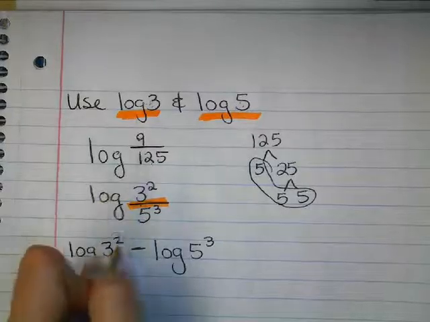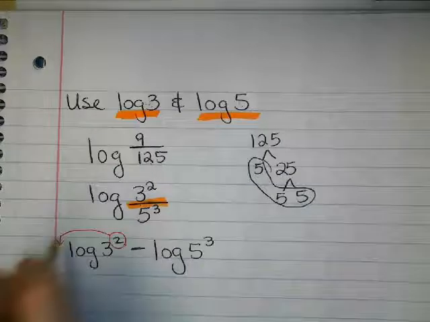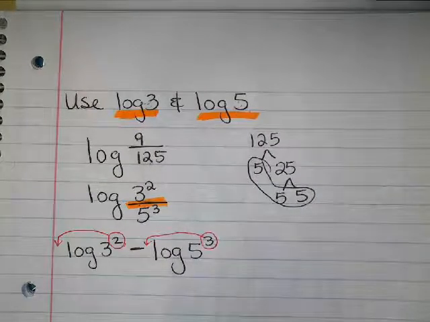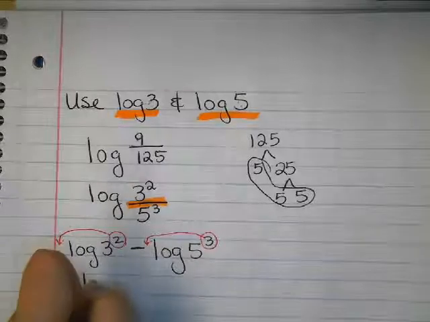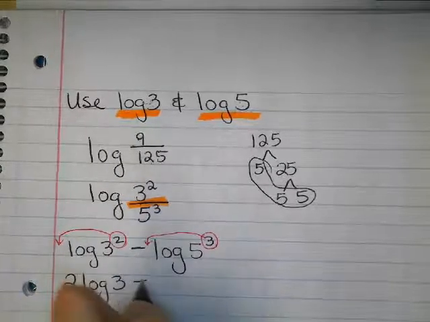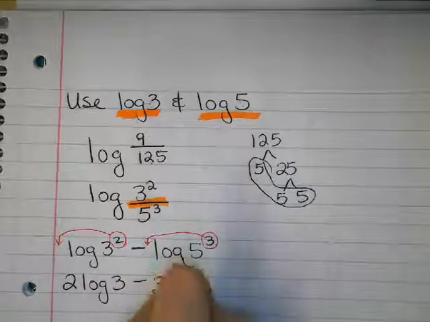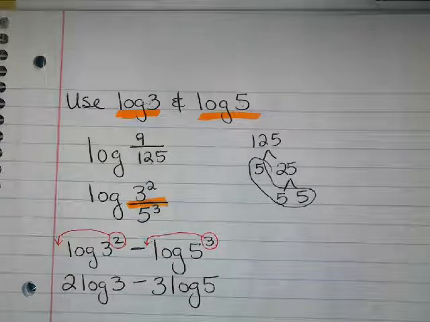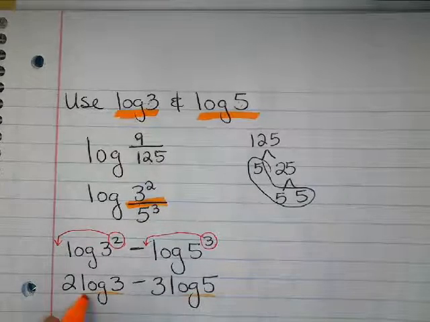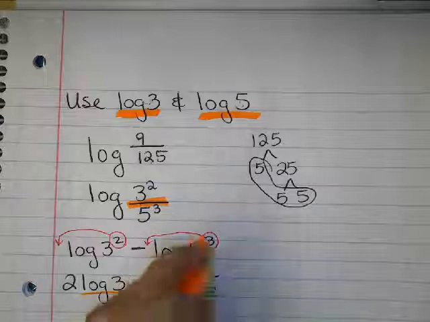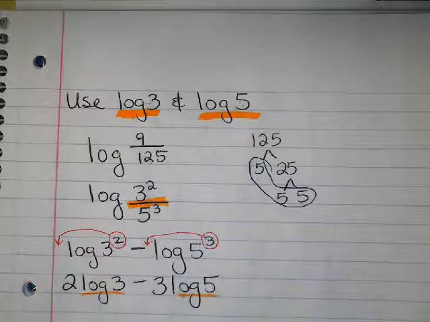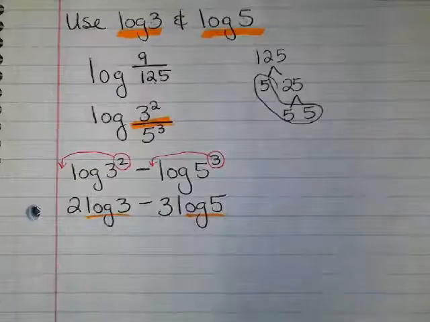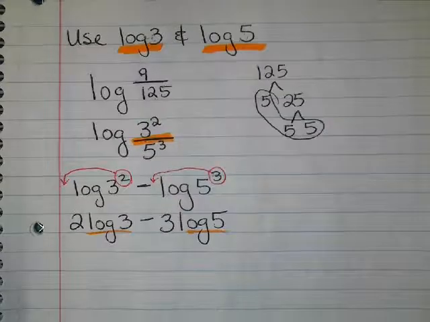And then you use your power property, and these powers go in front of each one, and then you're done: 2 log of 3 minus 3 log of 5. So see, you're using log of 3 and log of 5. Yes, it has a power number still in front, but you're using those log 3 and log 5 to manipulate it. Oops, I gotta move that down a tiny bit so you guys can see it.